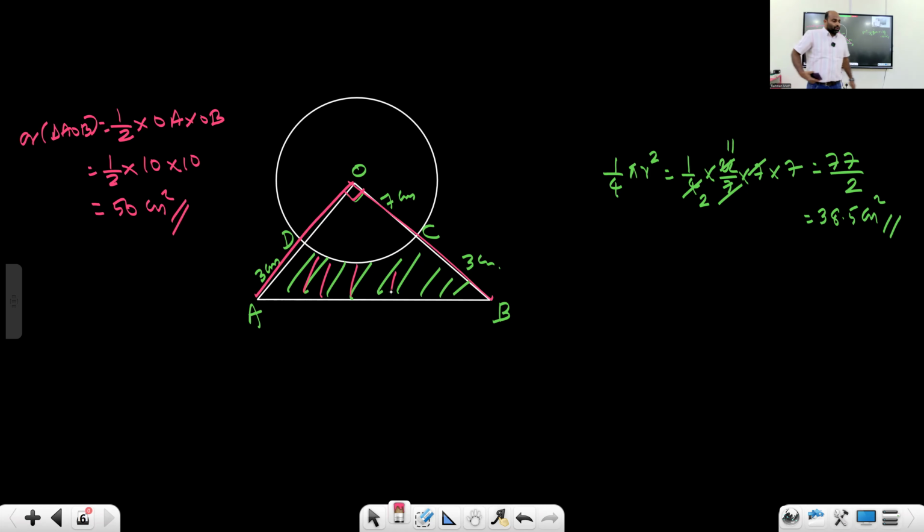Area of the shaded region equals area of triangle minus area of quadrant. 50 minus 38.5, how much? 11.5 centimeter square. But the question is not this one. What is the question? Cost.